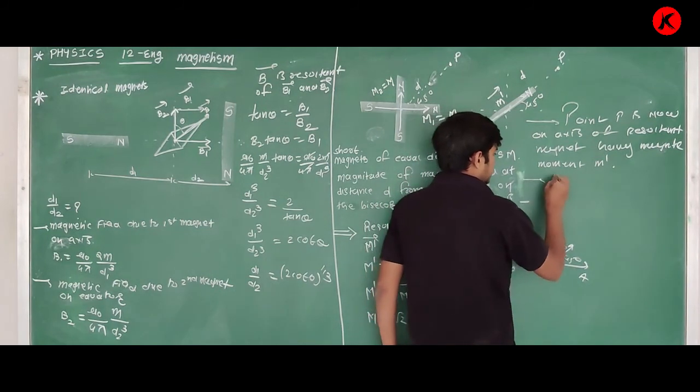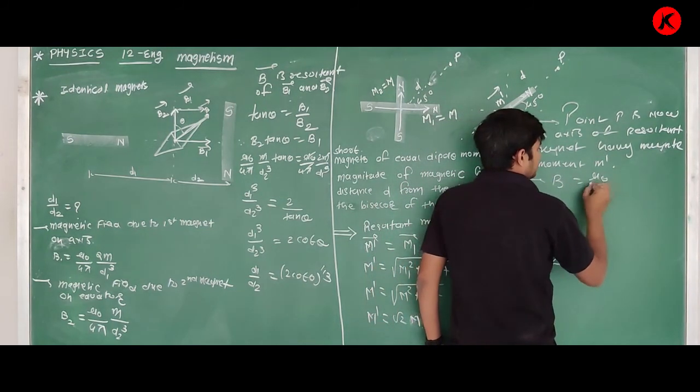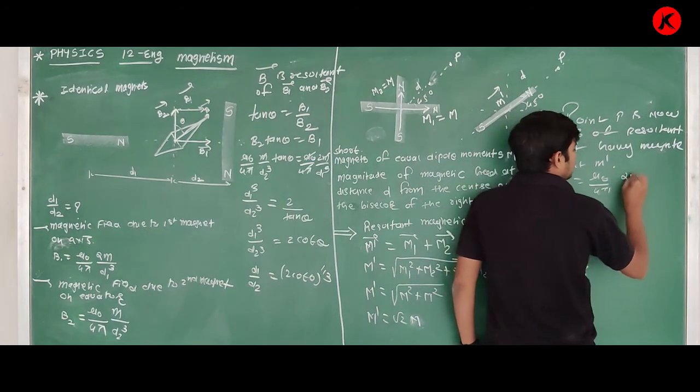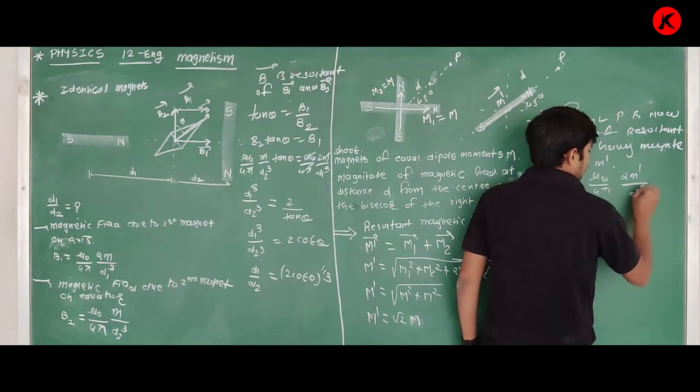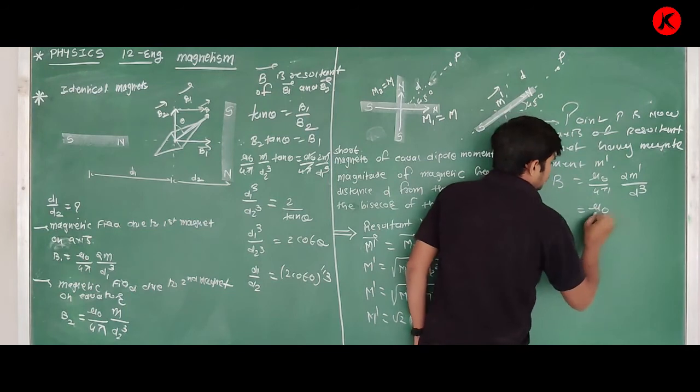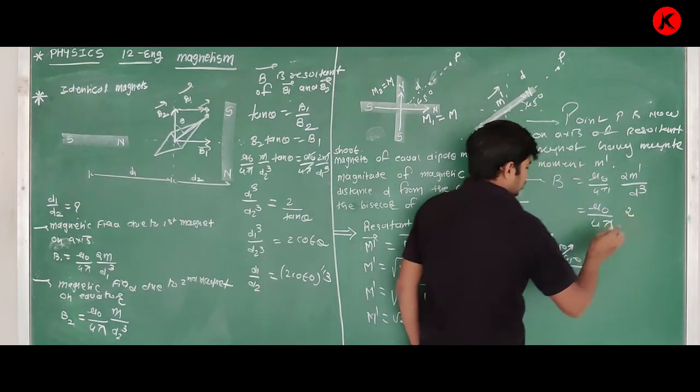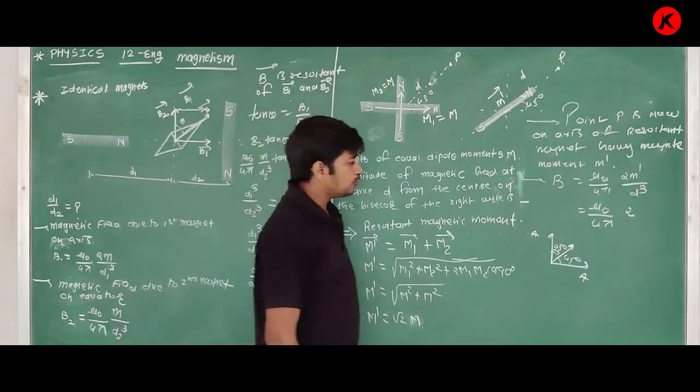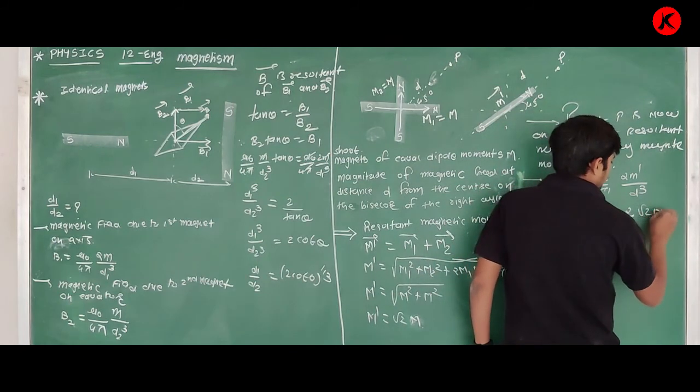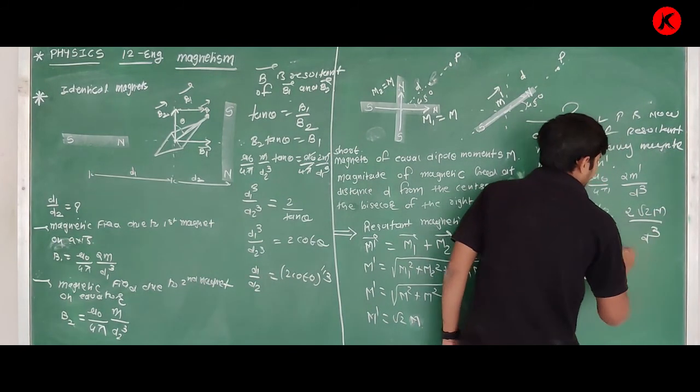And what is the equation? B is equal to mu0 upon 4 pi 2m dash upon d cube, which is equal to mu0 upon 4 pi 2 times root 2m upon d cube.